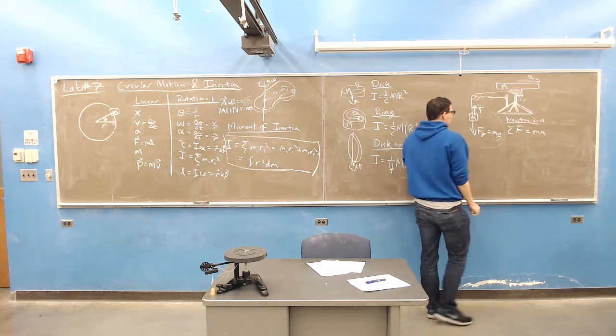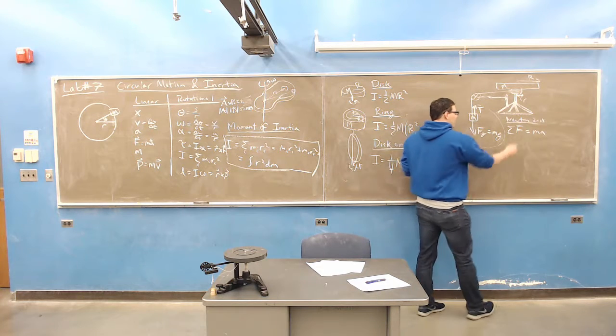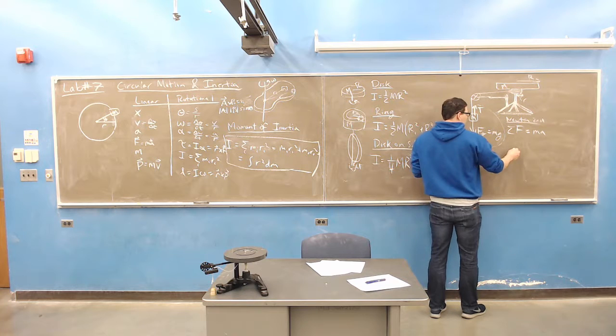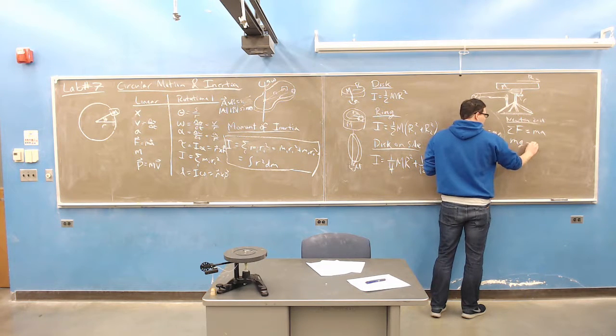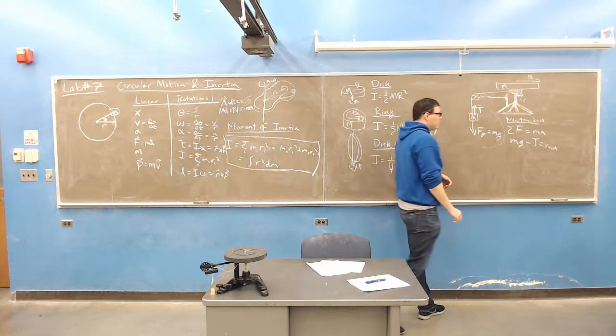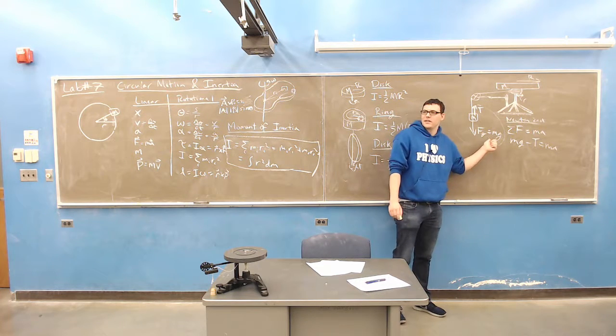In this case, I'm only concerned really about the y direction because it's the only one that has forces. Normally these would be vectors, but we'll just assume this is for y. And we get what? mg minus T equals ma. This is like half credit on an exam.